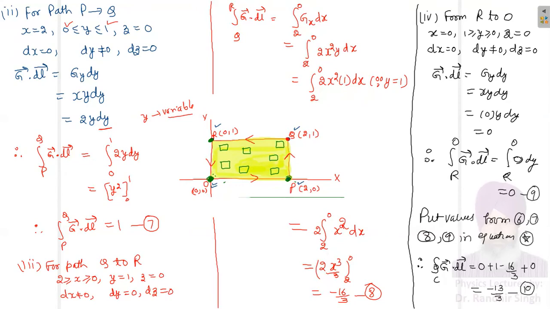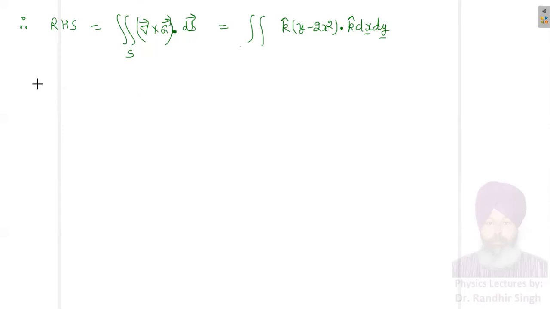So I will put these integration limits, then it will be almost over. It will become x going from 0 to 2 and y going from 0 to 1, y minus 2x square, dx dy. Please remember that k cap dot k cap is 1.